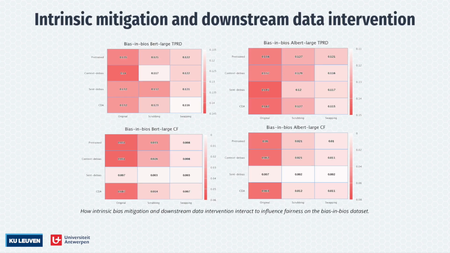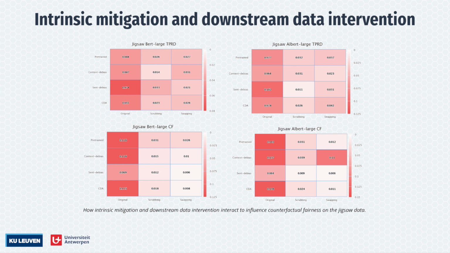In the results of our experiments, we highlight the intrinsic models on the vertical axis and extrinsic interventions on the horizontal axis. We realized that for true positive rate difference, the intrinsic interventions do not significantly improve fairness. The improvements we see actually come from the extrinsic interventions, which leads us to the conclusion that mitigating bias using intrinsic interventions does not significantly improve fairness when downstream fairness is the goal.